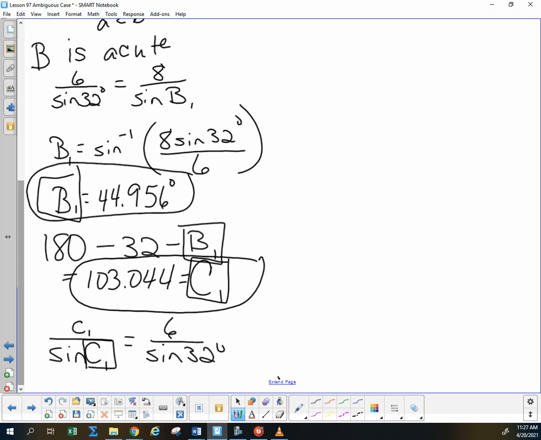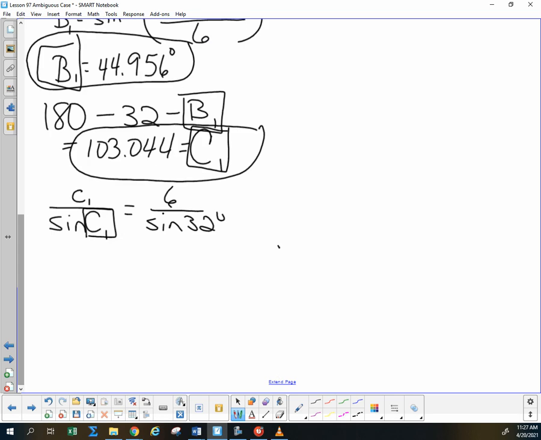And so then if I do my cross product, I have 6 times the sine of that angle C1 is equal to sine 32 times side c1. So divide both sides by the number sine 32 degrees, and that will be my missing side. Enter that all at once. Do your control divided by to get your fraction. This C1 was stored, so you're just going to do 6 sine C.